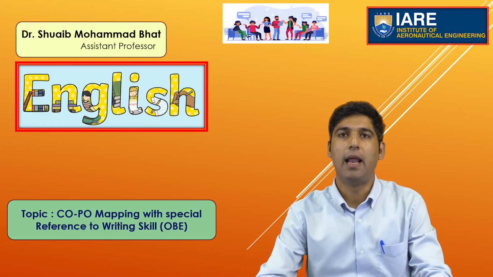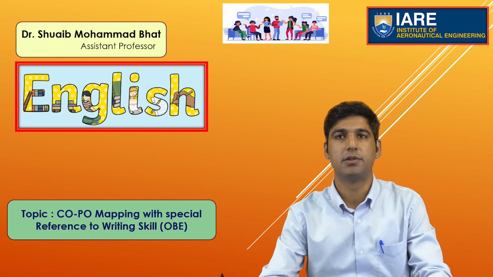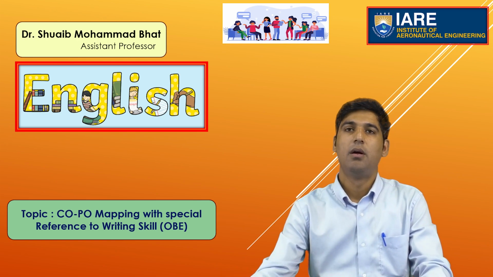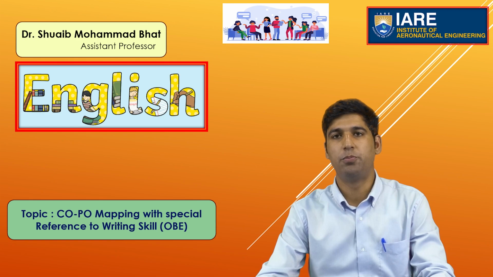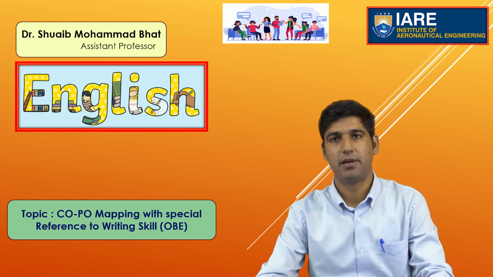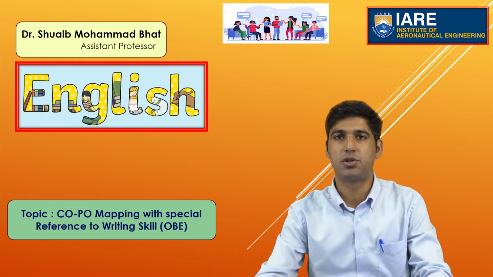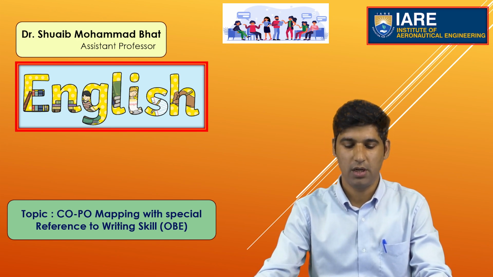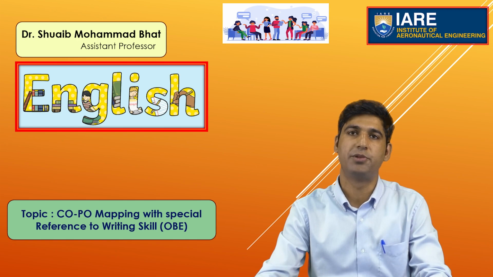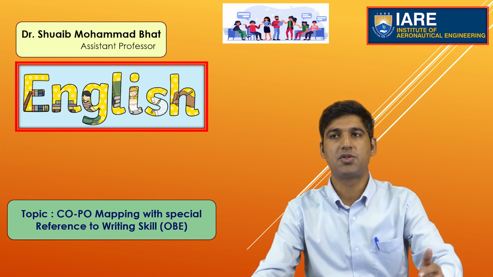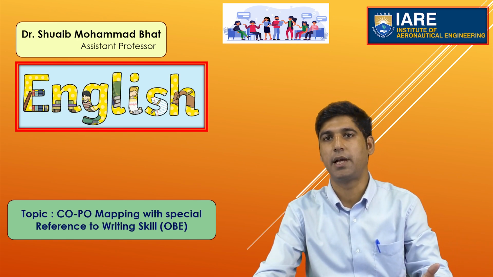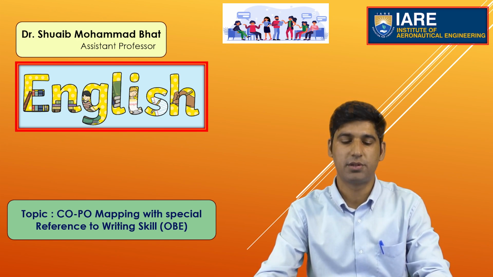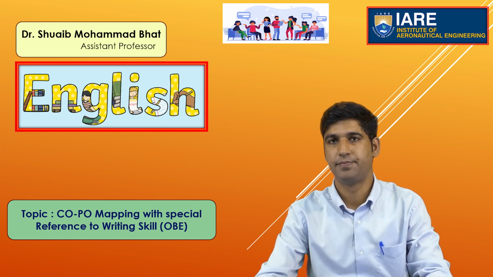OBE heavily relies on course outcomes and program outcomes. This is that model of education where we have certain outcomes and objectives at the very outset, and the teacher and the student both strive to attain those outcomes or objectives. The teacher is the instructor who makes the student able to achieve these different course outcomes and program outcomes.